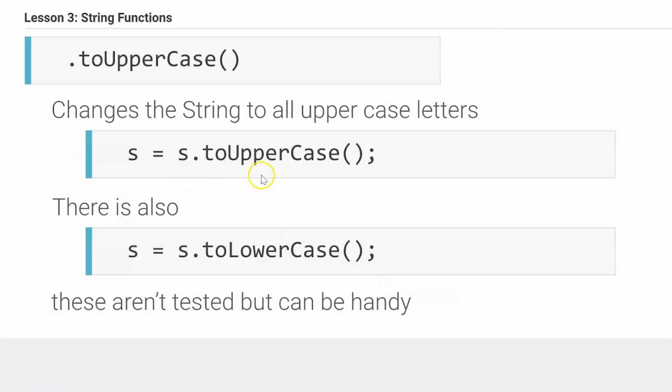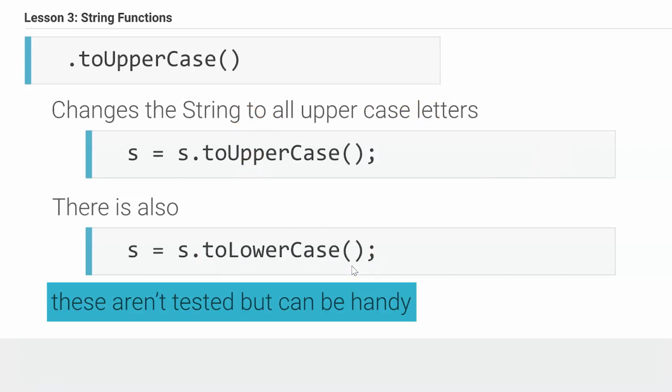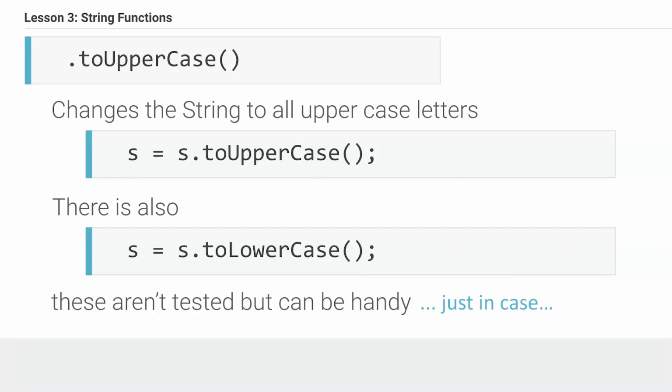Our next functions are useful if we want to change a string to all uppercase letters or to all lowercase letters. These aren't really tested on the exam, but they can be useful for a couple of different functions. One is if you are not sure with a particular string which letters are uppercase or lowercase, but you want to compare it to other strings.